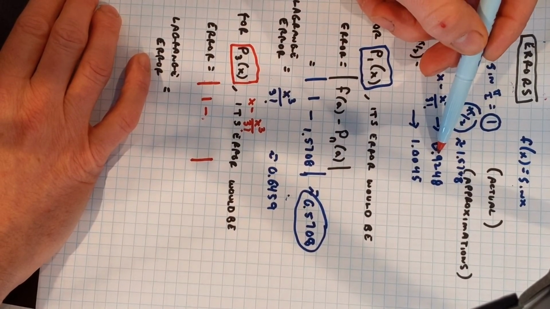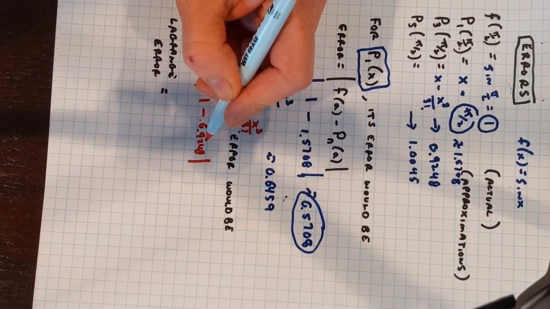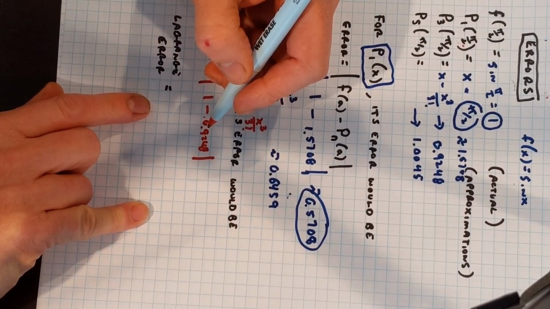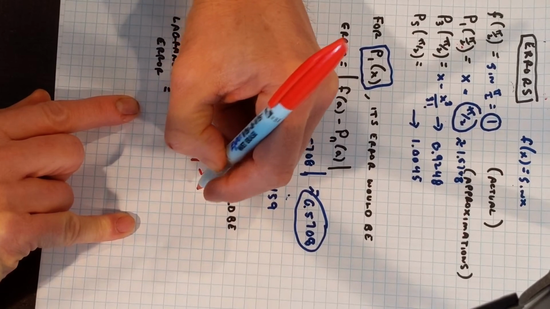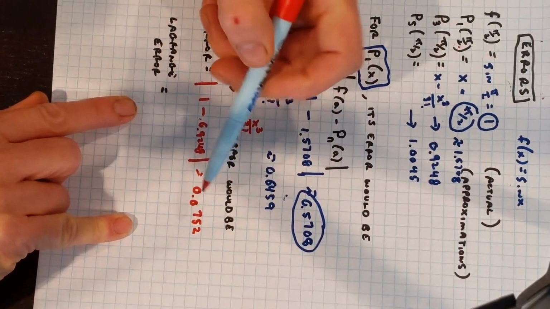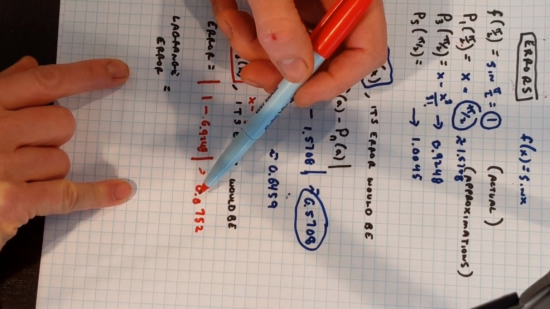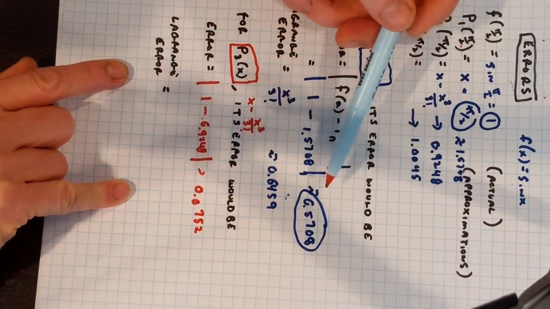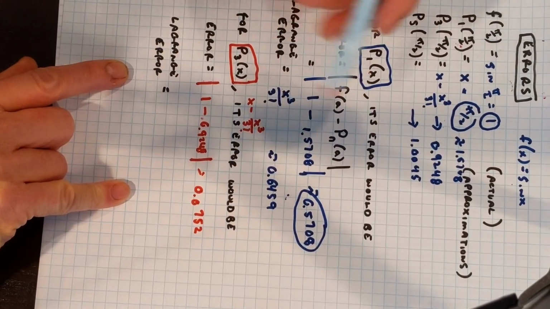When I plug it in, I get 0.9248, yielding an error of 0.0752. That means I have an extremely small error. It's not a huge error at all. Even with a third order polynomial, it's a lot better than my P1. See the error in my P1? Look at my error in my P3. Imagine how good it would be with a P5.